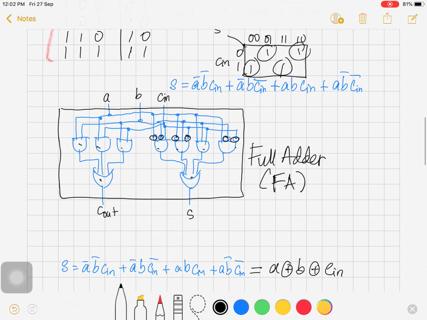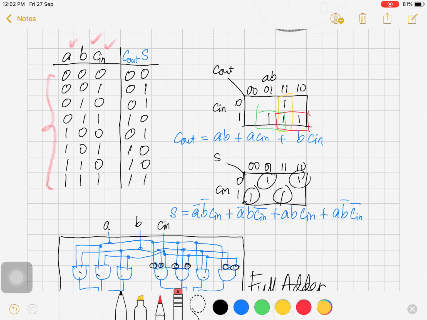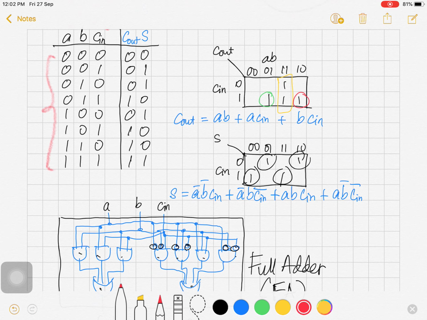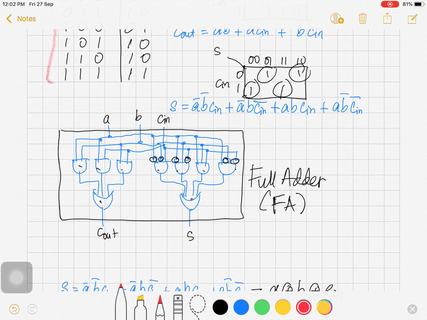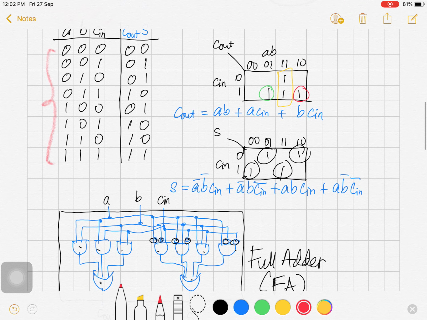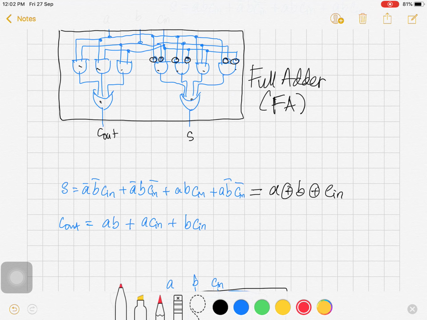For example, if we break this group and this red group, and let this one become alone and also this one, we can rewrite the Boolean expression such that we have A bar B carry in, A B bar carry in.